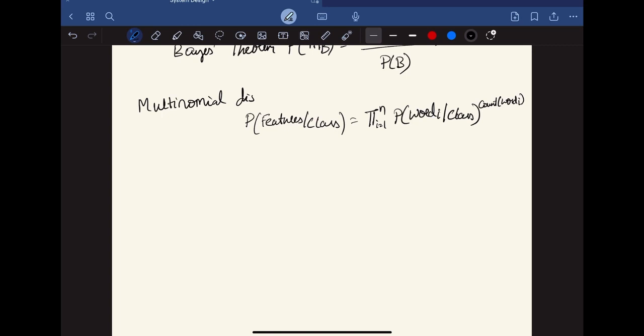This involves adding a small constant to each count to ensure that no probability becomes zero at any point, and that can be denoted as count of word i plus alpha.